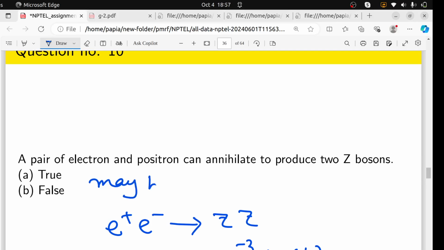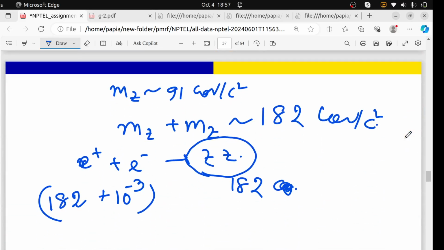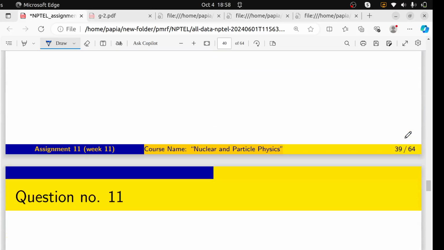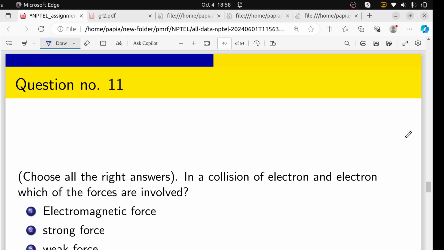It can be the answer maybe if E plus and E minus have very large kinetic energy. So true or false is not the actual answer, because we don't know the kinetic energy of these particles. If we know the kinetic energy of these particles, then only can we tell whether E plus E minus will go to Z, Z or not.